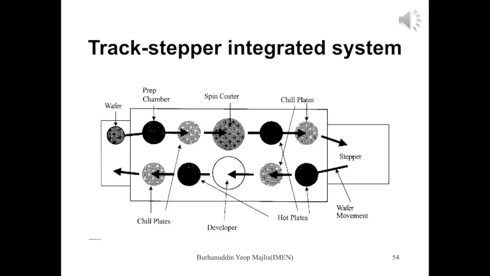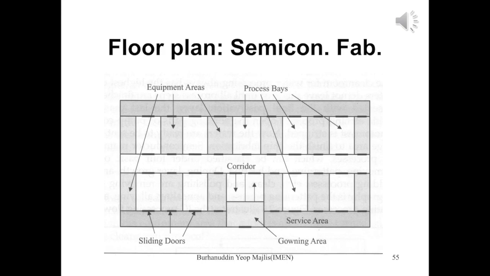So this is manufacturing, not a normal lab like a university lab, because there we only process 1 or 2 samples. Here we have 100 or 1,000 wafers for the same process. So we can do this with the track stepper.